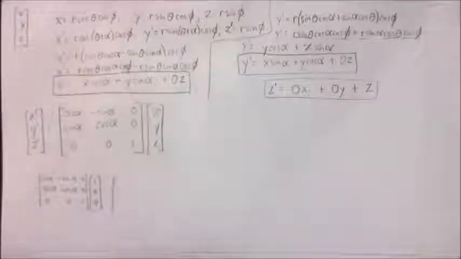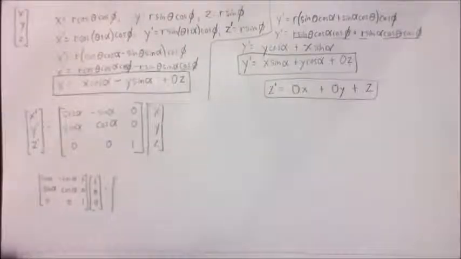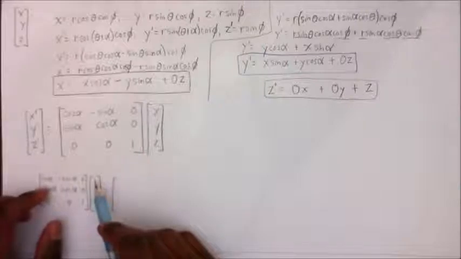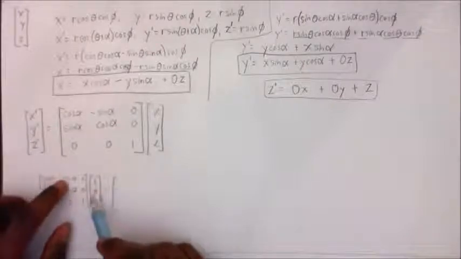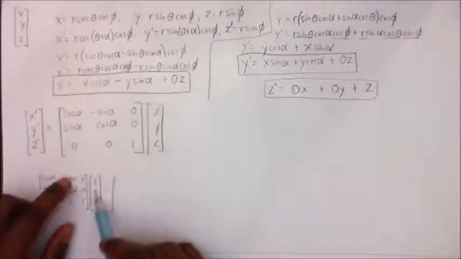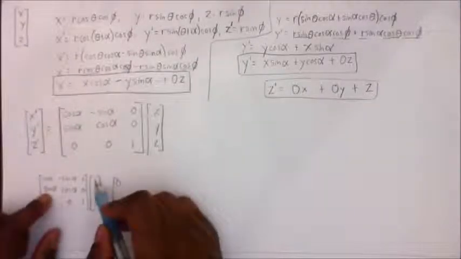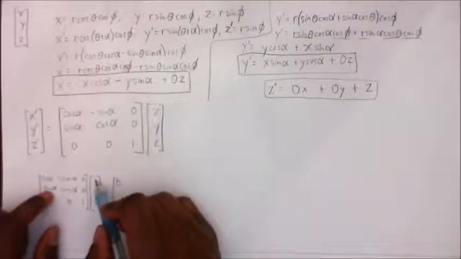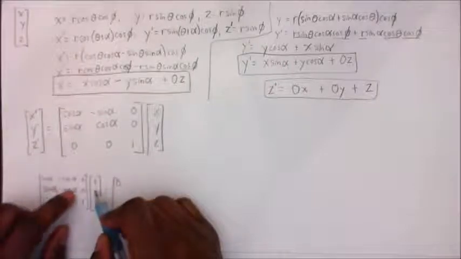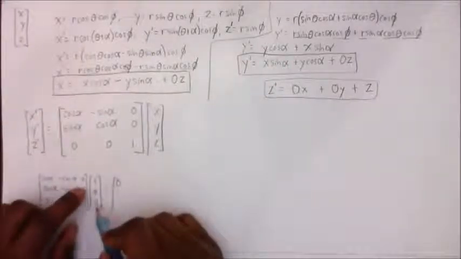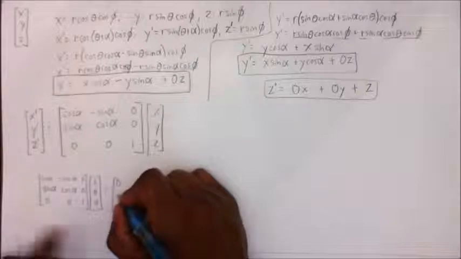Let's assume that we're going to rotate 90 degrees. Now cosine of 90, that is 0. So 0 times 1 is 0, plus 0 times 0, that's still 0, plus 0 times 0, that's 0. Now sine of 90, that's 1 times 1, that's 1, plus 0 times 0, that's 0, plus 0 times 0, that's 0.